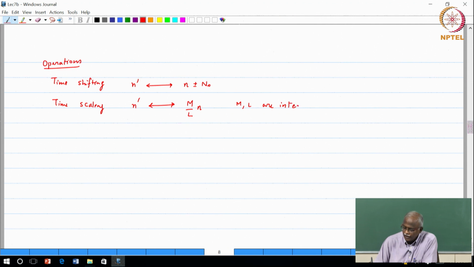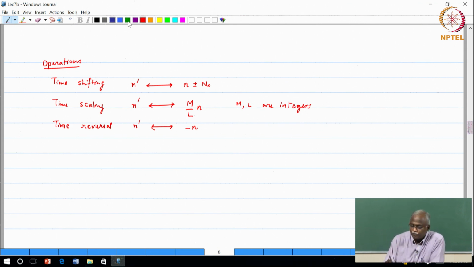So, I can do a rational transformation of the index, that will be m by L. And of course, the third one is the time reversal, where a new index will map to minus n. Okay, that is the time reversal. And these are the three basic operations.